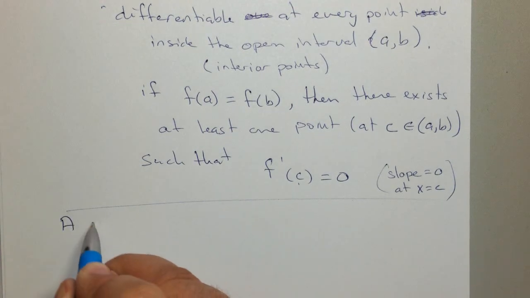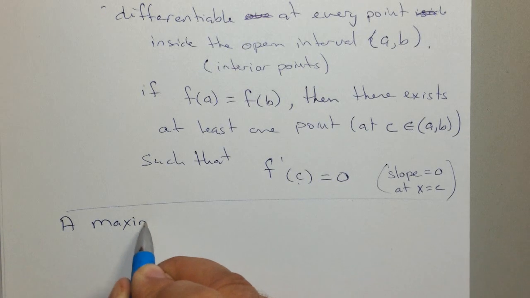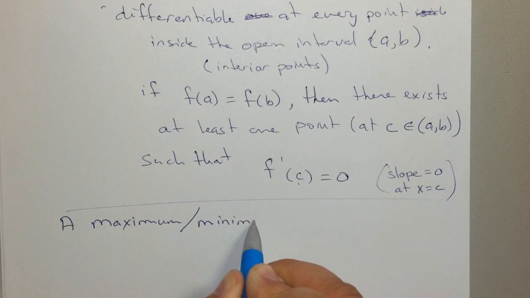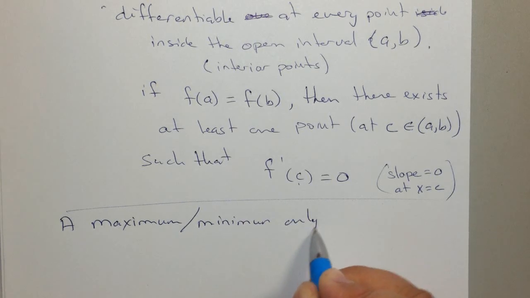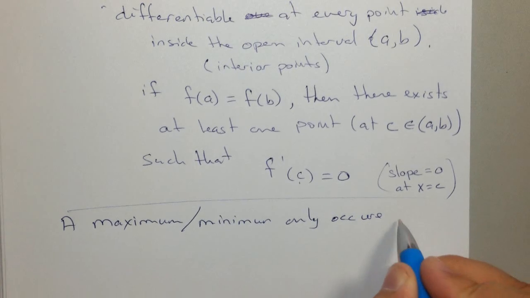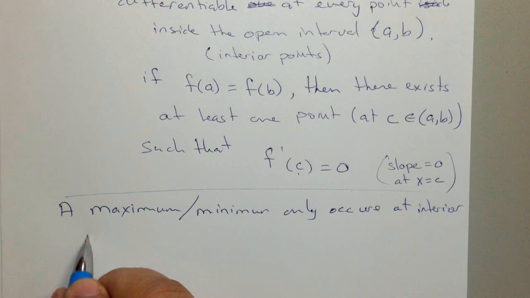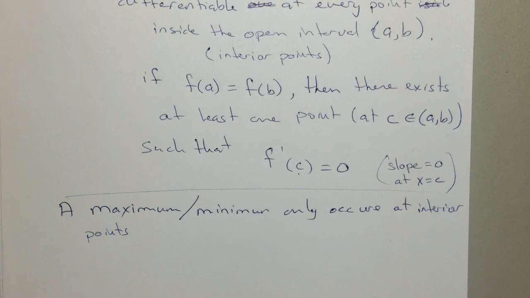So, a maximum or minimum can only occur at interior points. What are interior points? Well, inside the open interval (a, b), right? It's any points inside that open interval (a, b), which is at f(a), f(b), right?